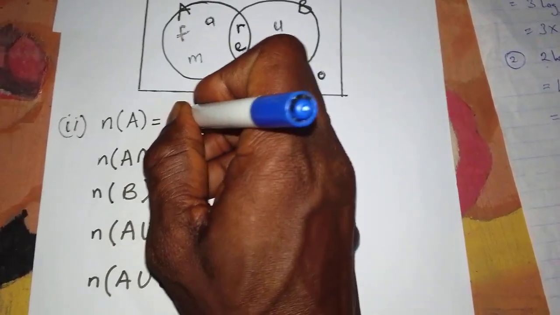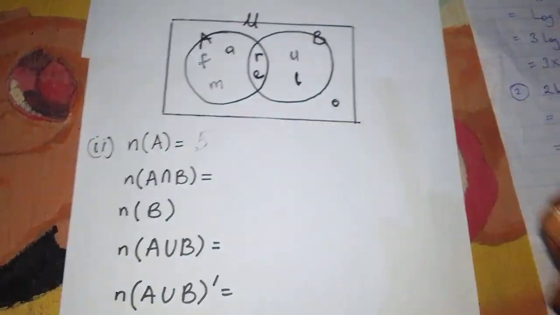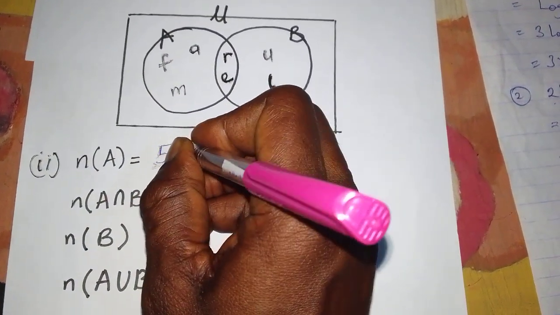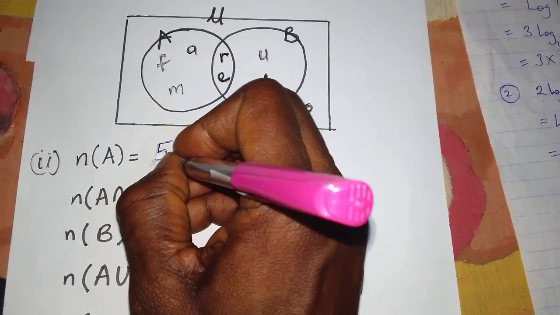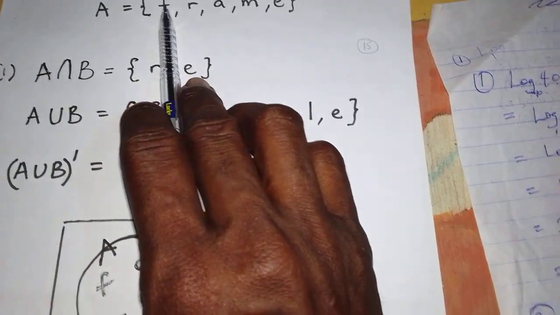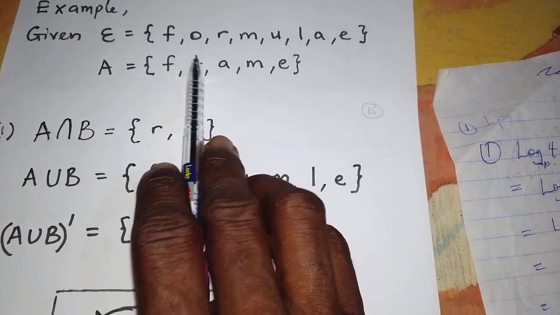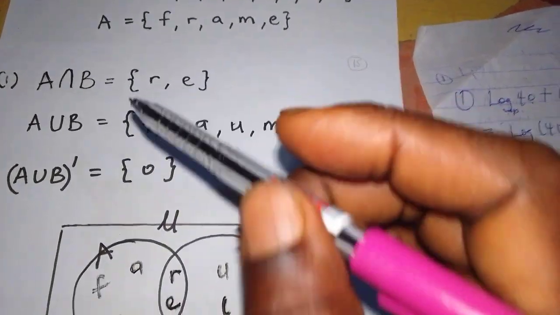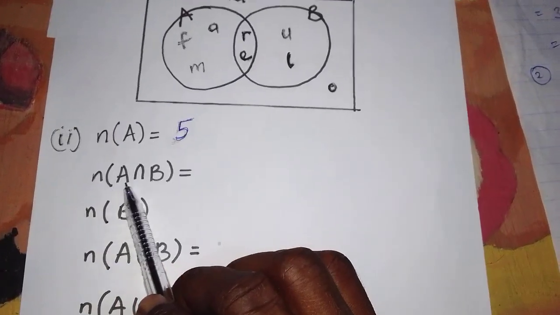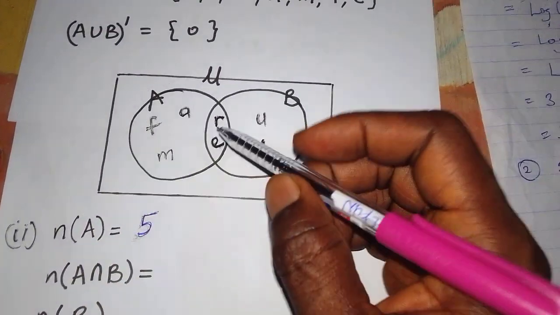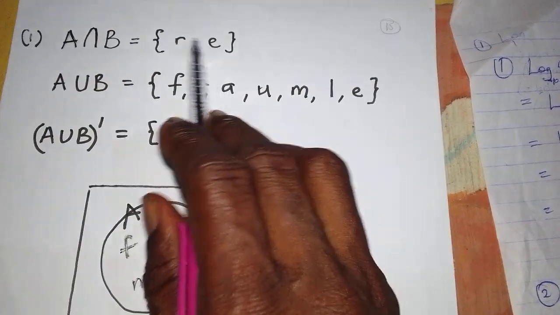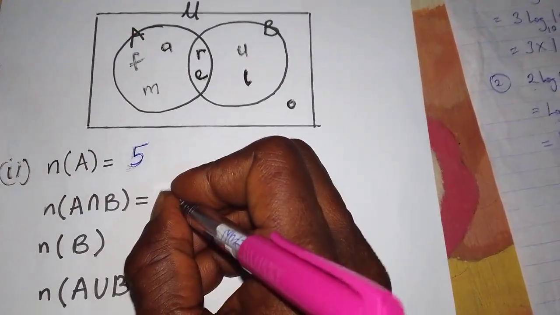So you have 5 elements. The number of elements in A intersection B: how many are there? 1, 2. So write 2.